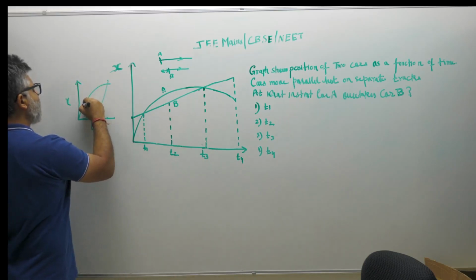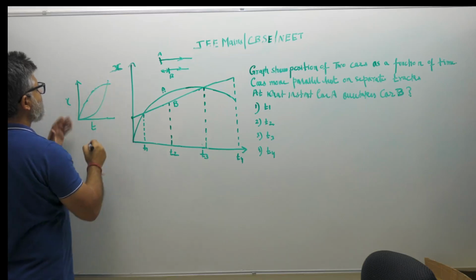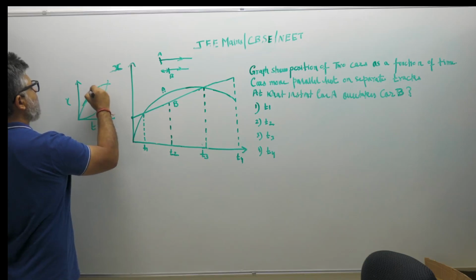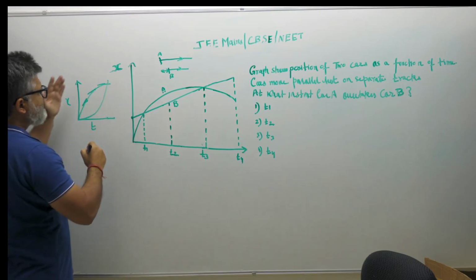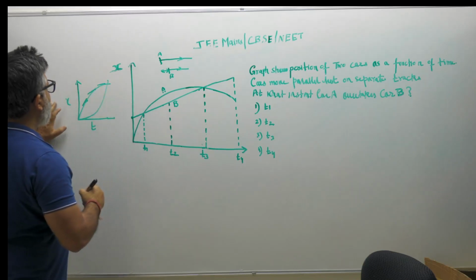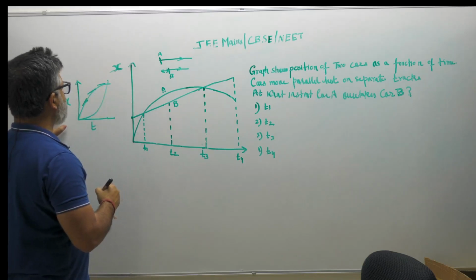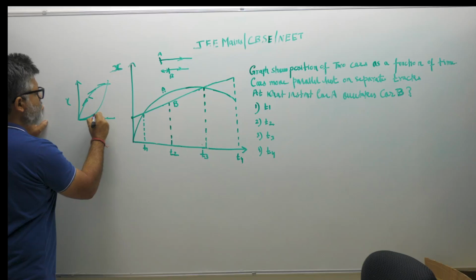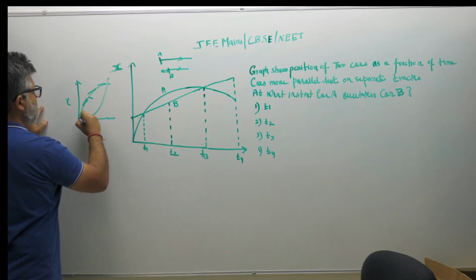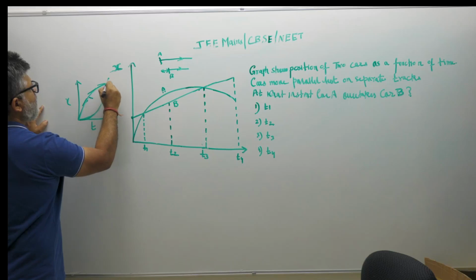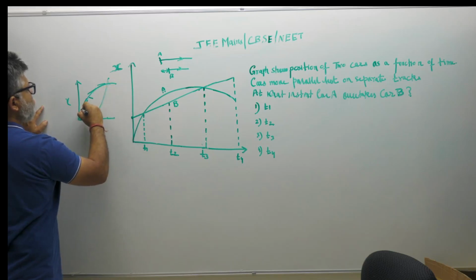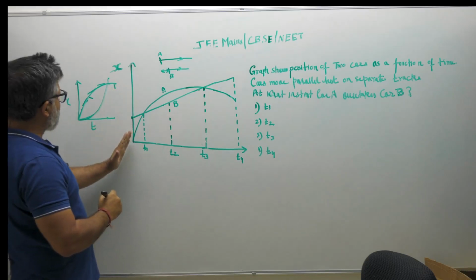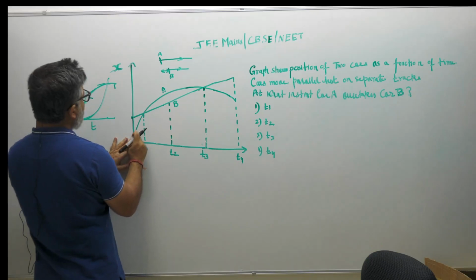This is the tangent, and the tangent is going down, therefore the acceleration is going down for this particular scenario. So this is uniform acceleration, this is uniform deceleration. Initially the velocity is very high, then the velocity is going down.